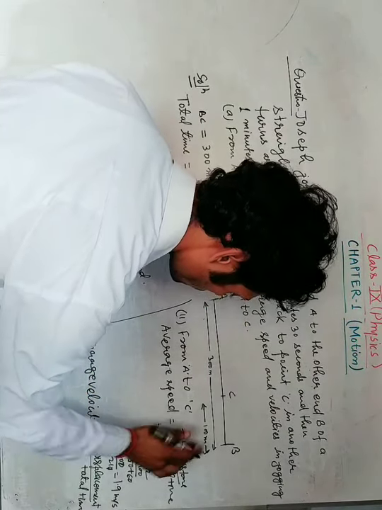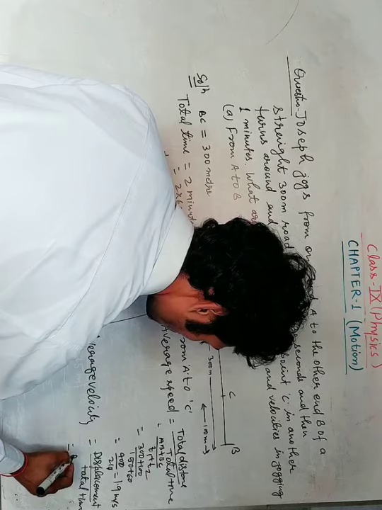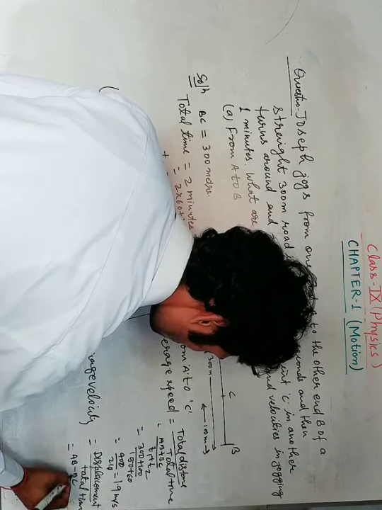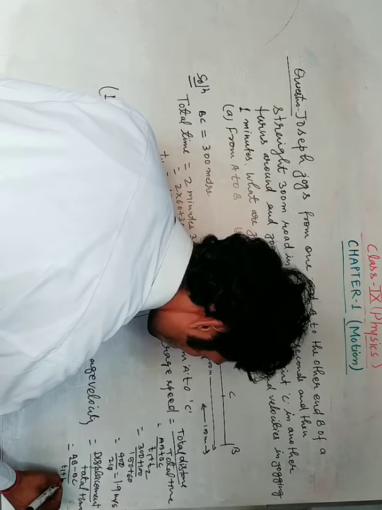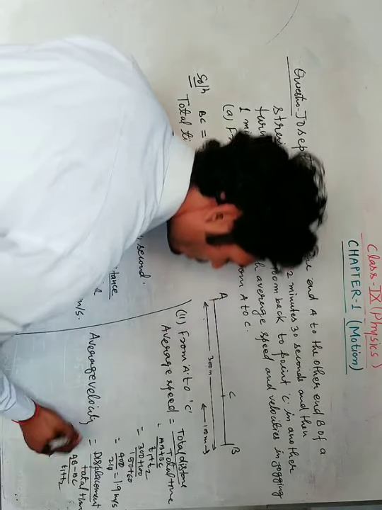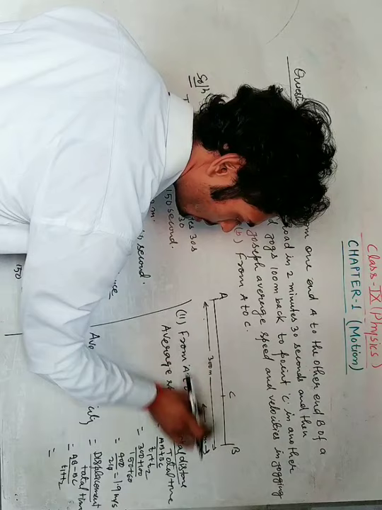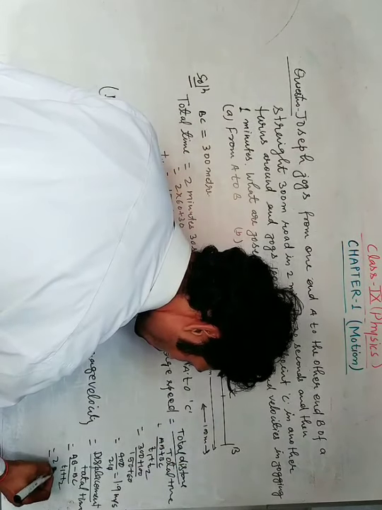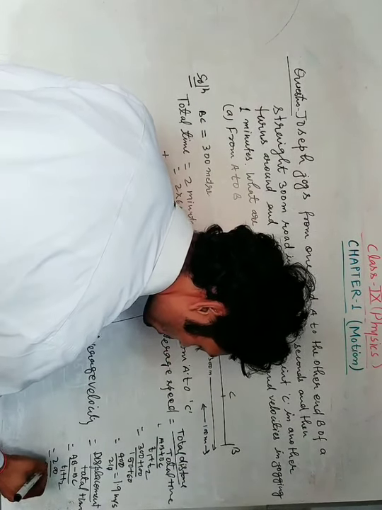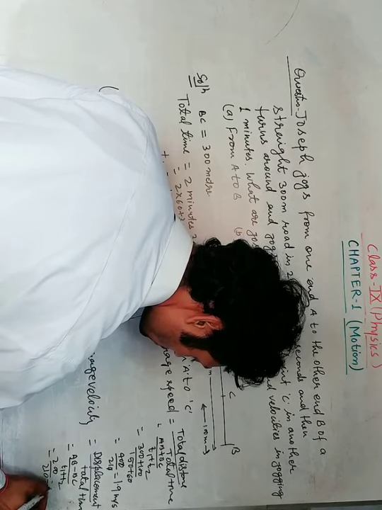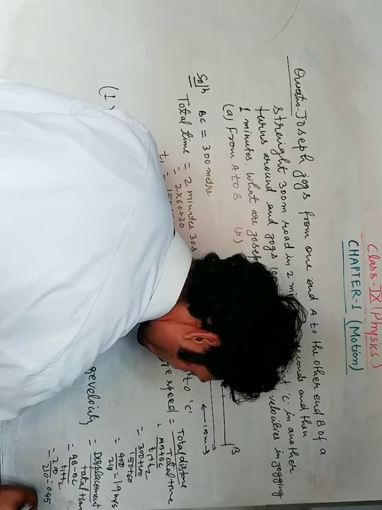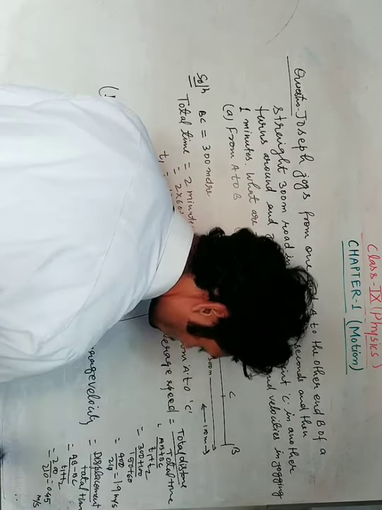Then displacement AB minus BC by T1 plus T2, AB equal 300 meter, BC equal 100 meter, 300 minus 100 equal 200 meter. 200 by T1 plus T2, 210, then it becomes 0.95 meter per second.